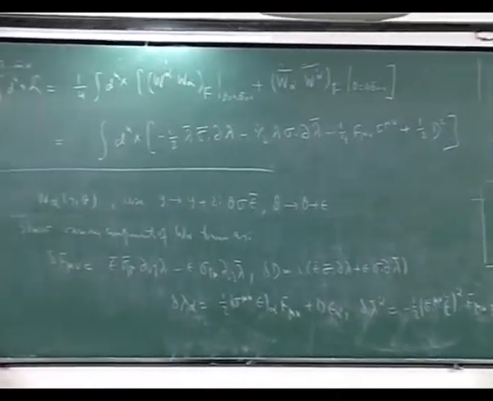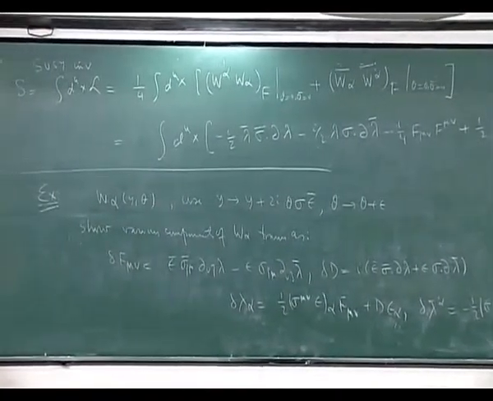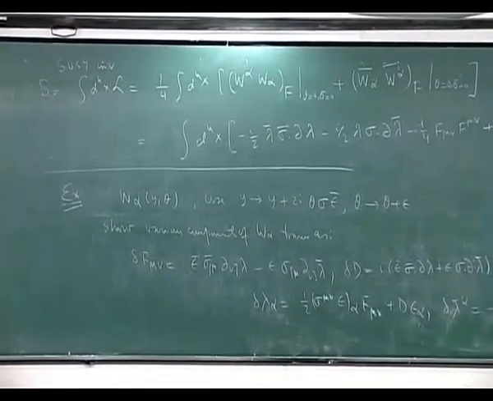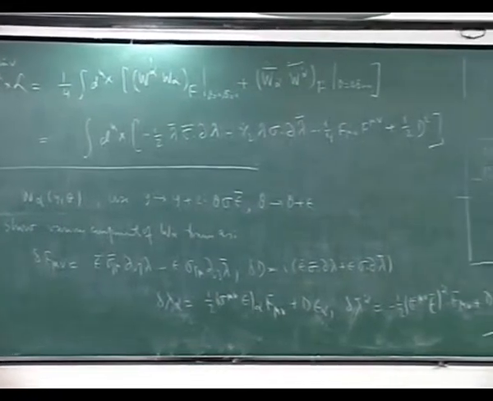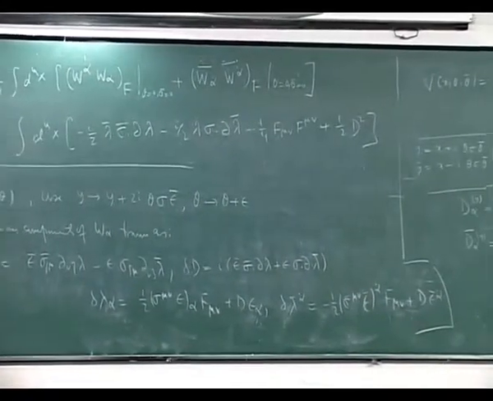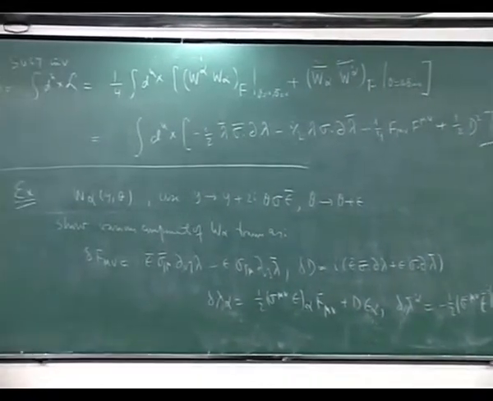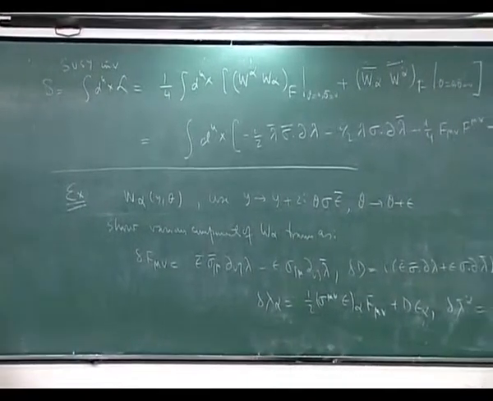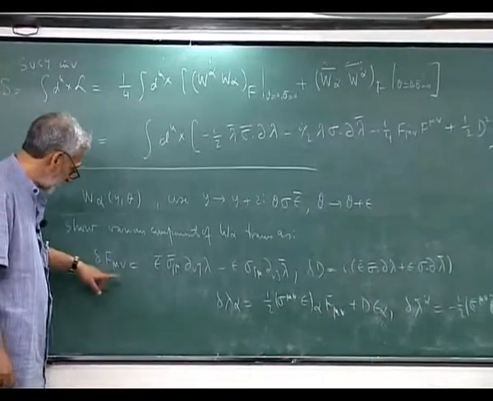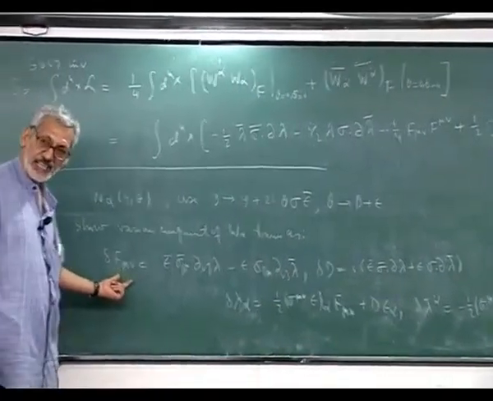And these are the transformations we have worked out earlier when we constructed the vector superfield by iterative construction. And we realized that these supersymmetric transformations, if you remember, we wrote in terms of the A gauge field transformation.